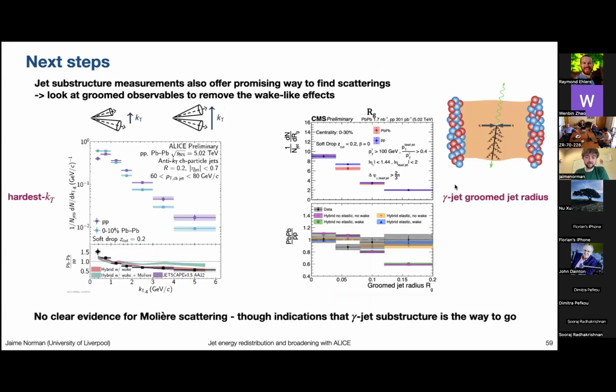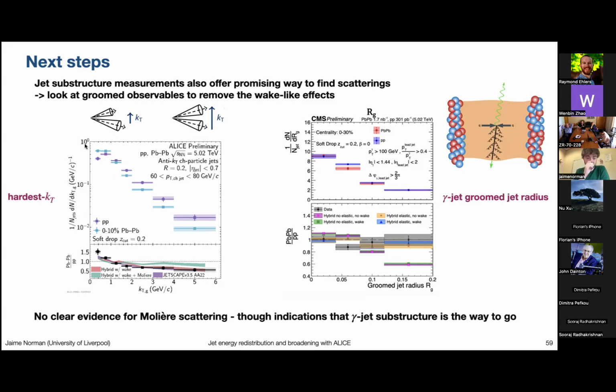In terms of measuring these large angle scatterings, it seems that the way to go here is to look at jet substructure measurements, to search for scatterings within the jets, looking at groomed observables where the soft large angle radiation is removed to remove wake-like effects.